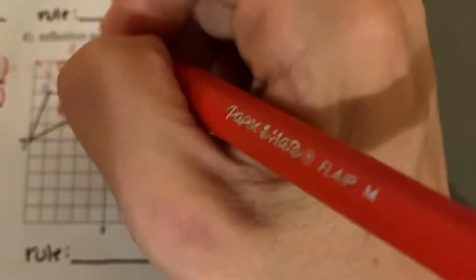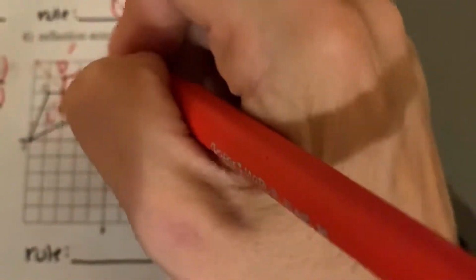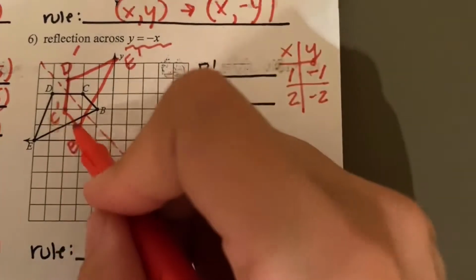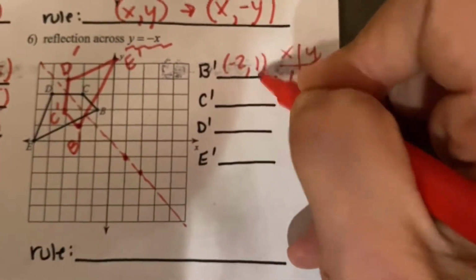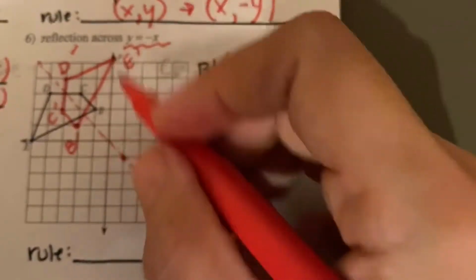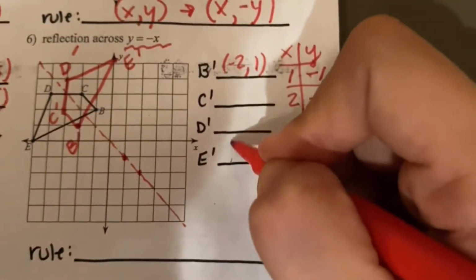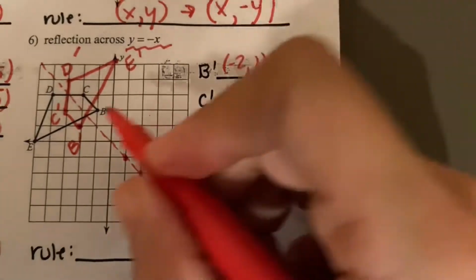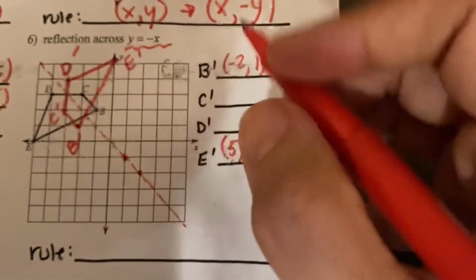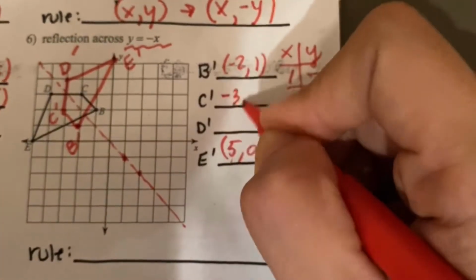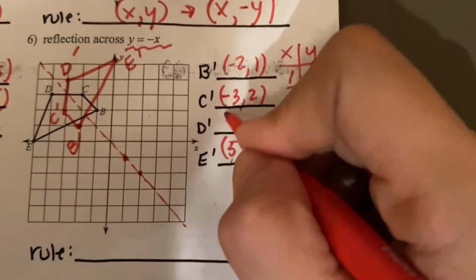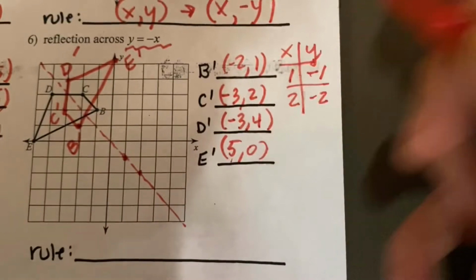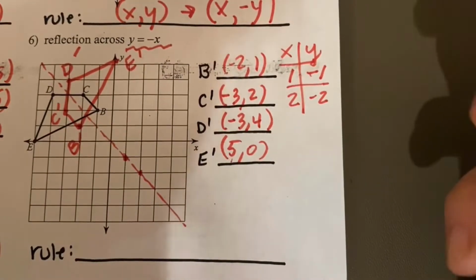So D is now there, C is here, E is there, and B is there. Let's read these coordinates. -2, 1. E is at 5, 0. C is at -3, 2. D is at -3, 4. Beautiful.